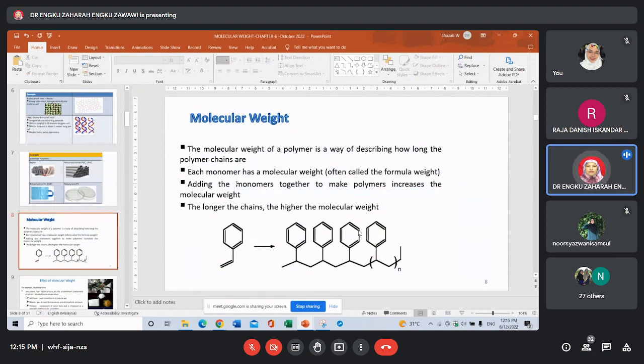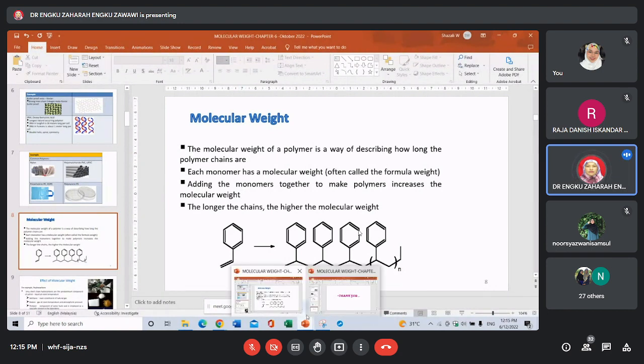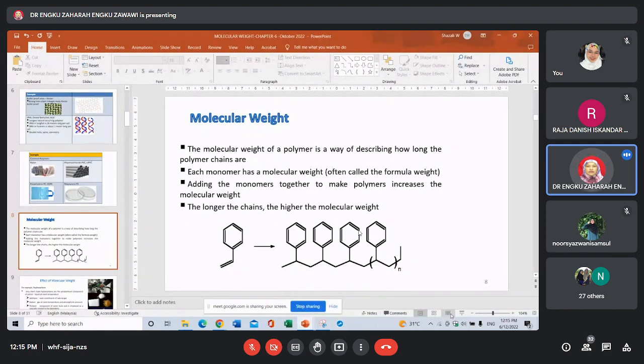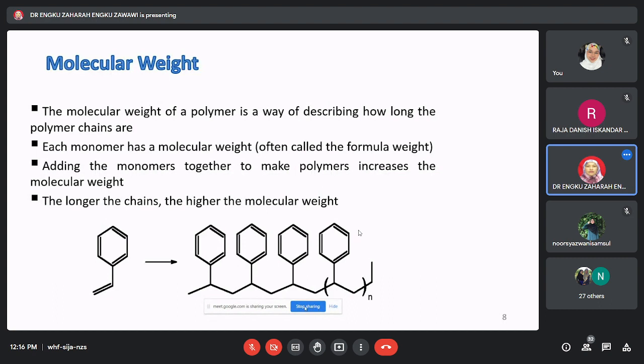The molecular weight of the polymer is the way of describing how long the polymer chains are. So it is for us to describe, to explain how long the polymer chain is. So that will determine the weight of the polymer. Each monomer has a molecular weight, called the formula weight. Adding the monomers together will cause the polymer to increase in molecular weight.